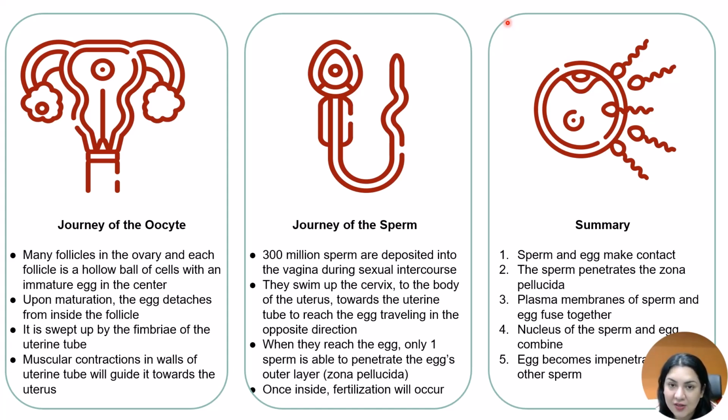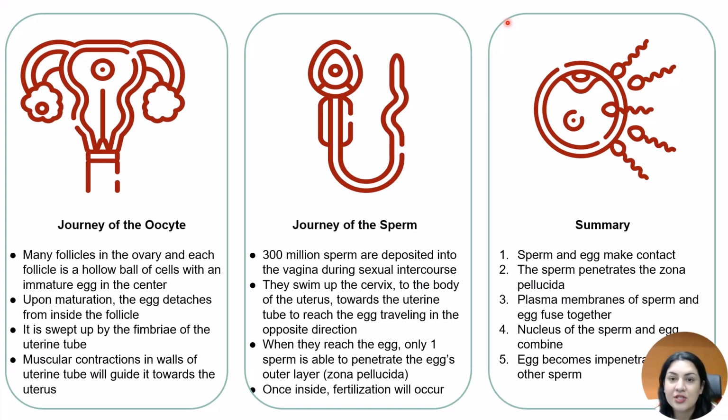So the egg itself has a sort of outer layer or shell, if you will, of cells that protect it. And in order to get past this kind of protective layer of cells, the sperm has to push through to reach that outer layer of the egg known as the zona pellucida.